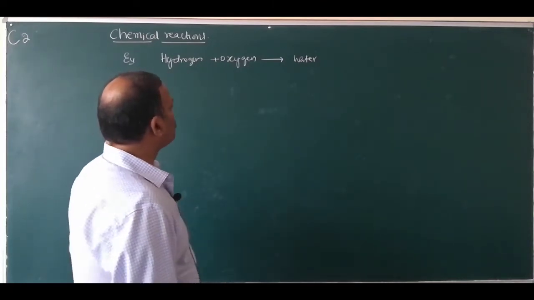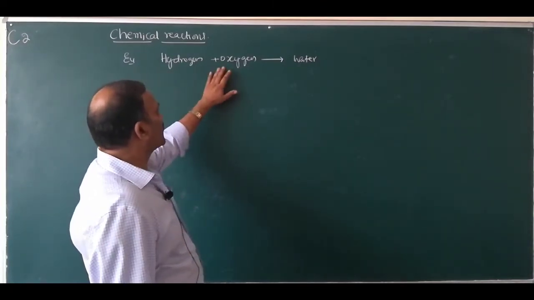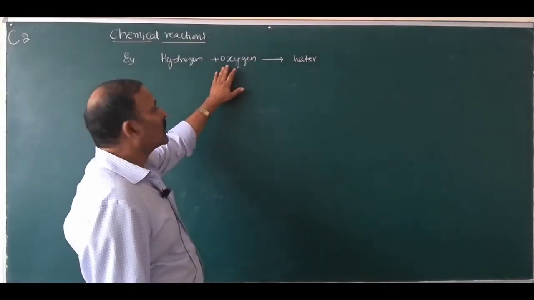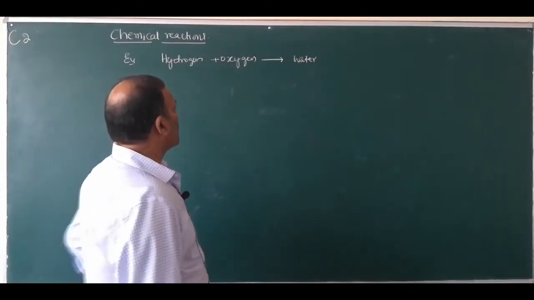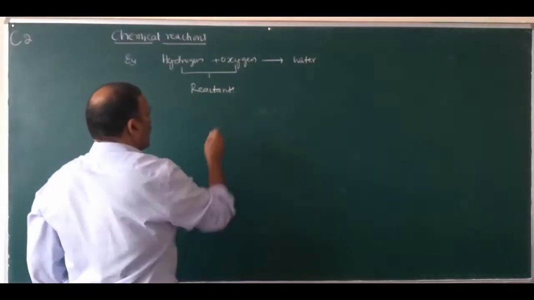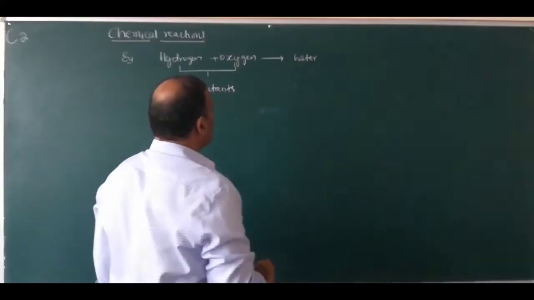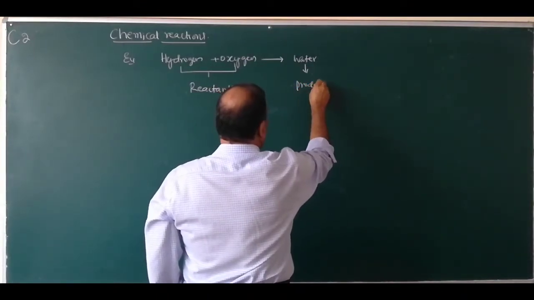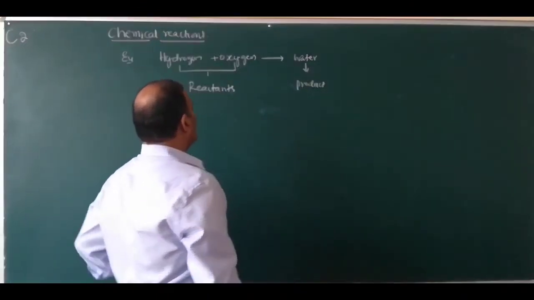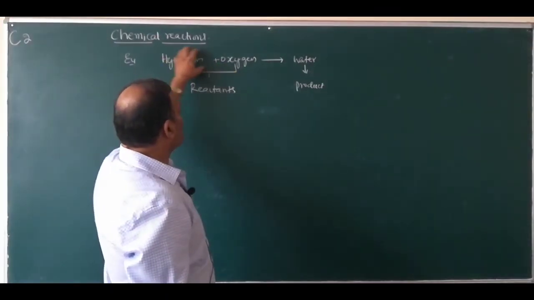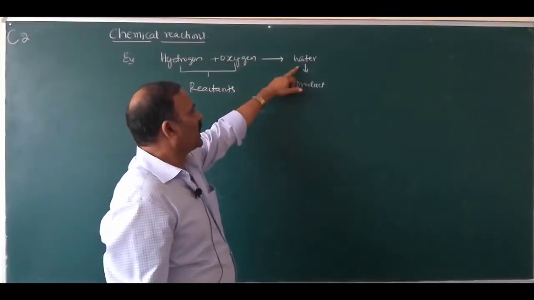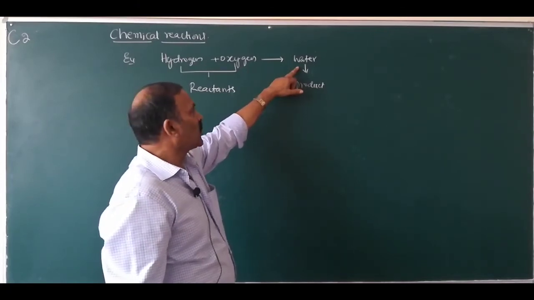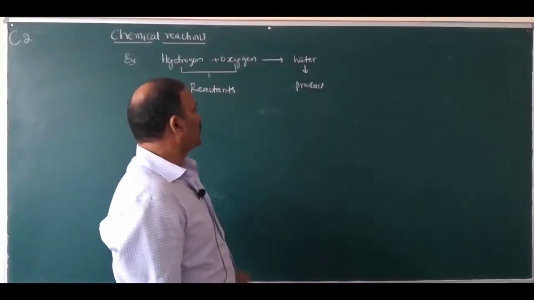Here the substances which take part in the chemical reaction are called reactants, and the substance which is formed during the reaction is called the product. So the interaction between substances to give an entirely new substance is called a chemical reaction.